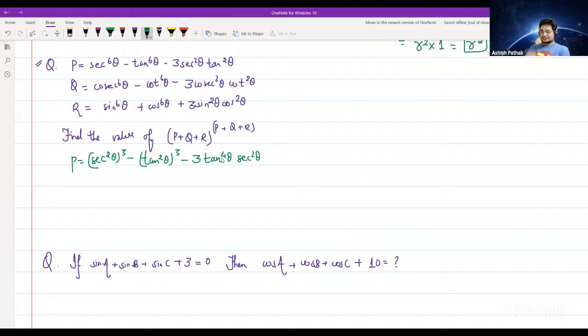Can you write like this? And you can write this one as 3 tan to the power 4 theta into 1 plus tan square theta. So we can write it as minus 3 tan square theta and minus 3 tan to the power 4 theta.